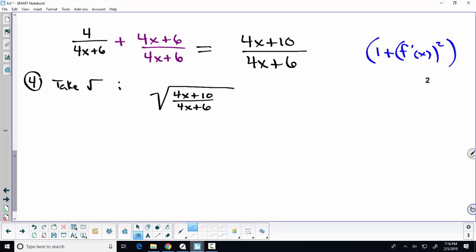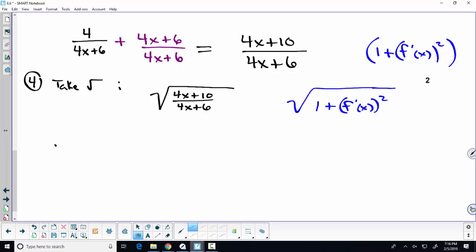Again, initially that doesn't seem like it's helped us because it's not a perfect square, right? But we also have to remember that in the surface area formula, I then have to multiply all of this by the original function itself.